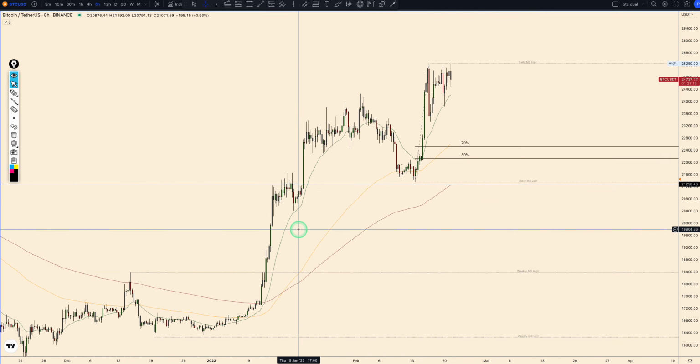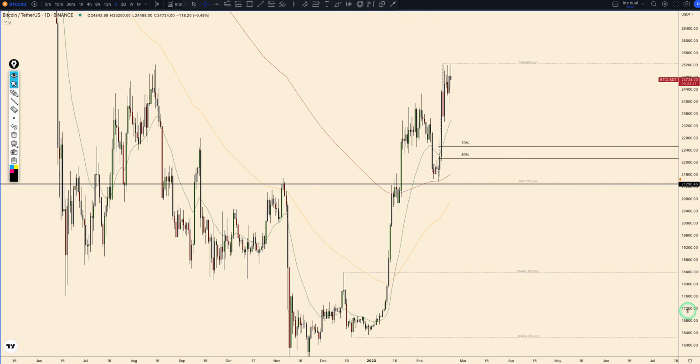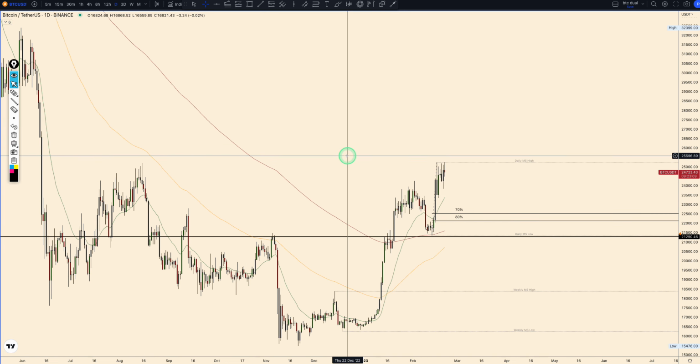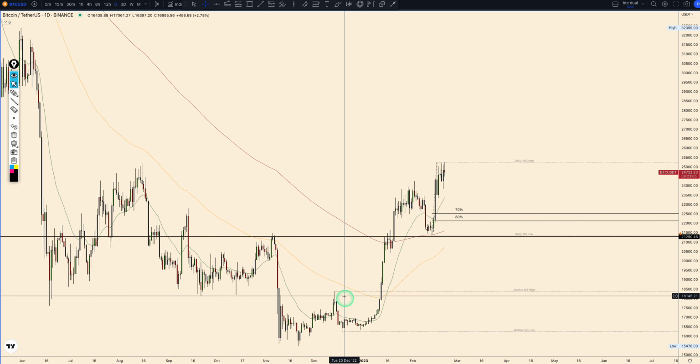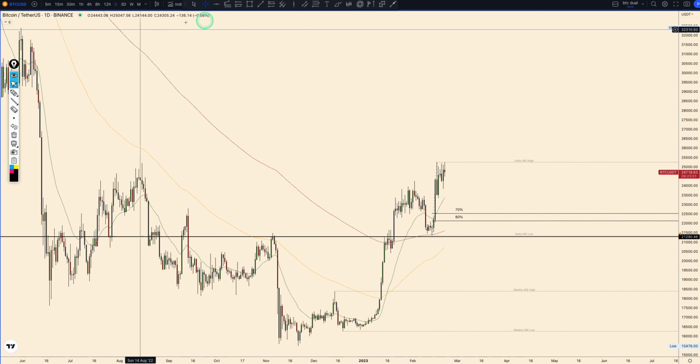So for me, I don't find any edge in chasing longs, when I think eventually the better trade will be to the downside, closing in some of these inefficient runs, right? So basically what we have done is create a lot of inefficient runs and we haven't really responded to any important levels.